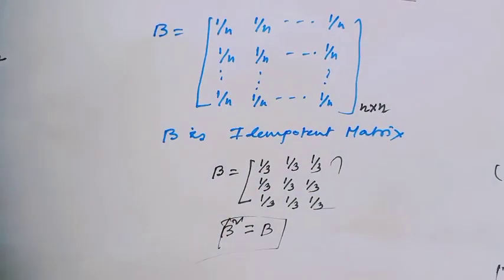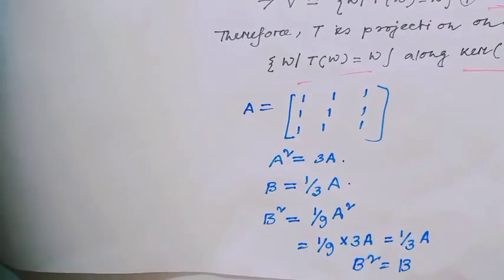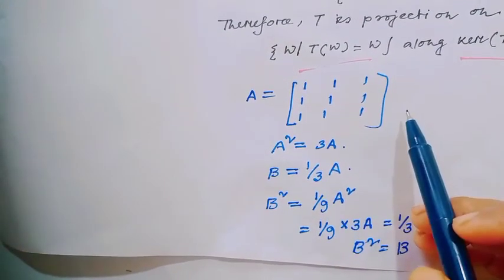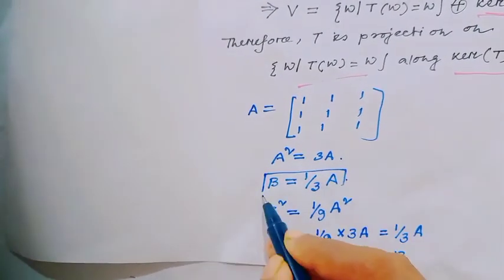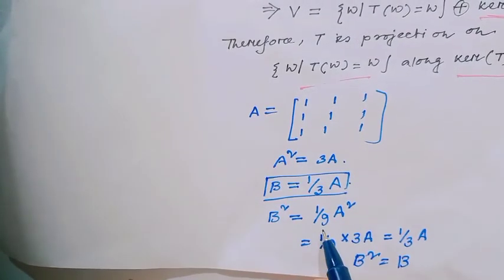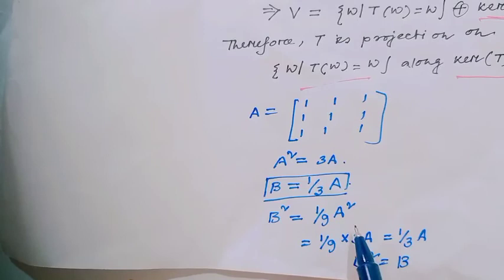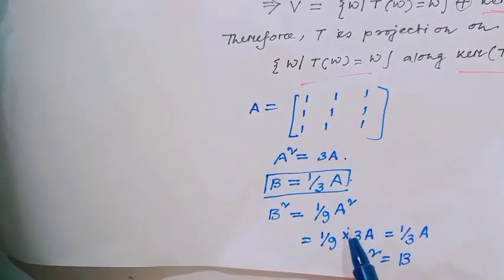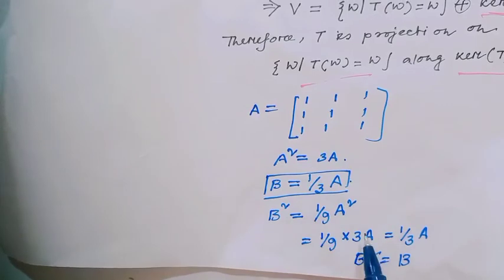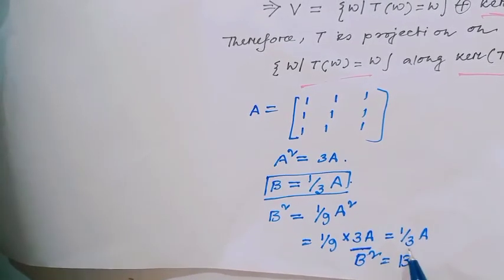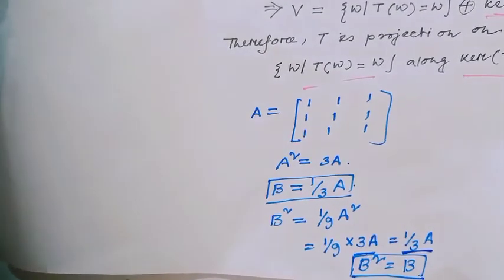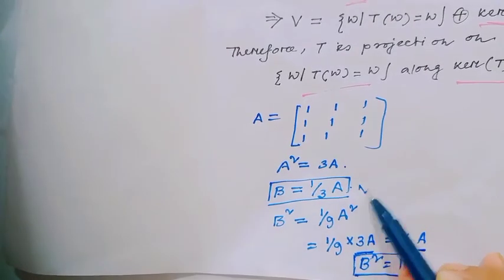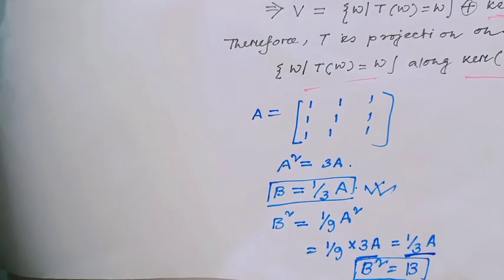This type of matrix is always an idempotent matrix, and this is why: consider A equal to the matrix of all ones. Here A square would be 3A. Now consider B equal to 1 over 3 times A. Then B square would be 1 over 9 times A square, and putting the value A square equals 3A, B square would be 1 over 3 times A. So B square equals B. So this type of matrix is actually idempotent.